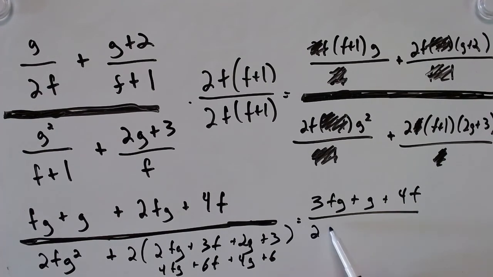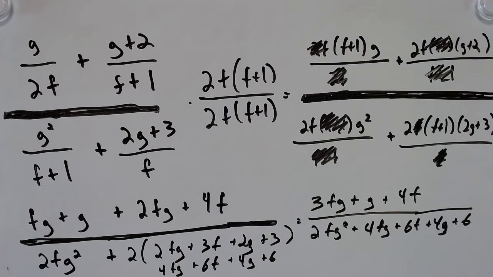So it's 2fg squared plus this thing that we distributed, 4fg plus 6f plus 4g plus 6. Dear Lord. Alright, let's clean off this disaster of a math problem and do our bonus problem, then call it a day.